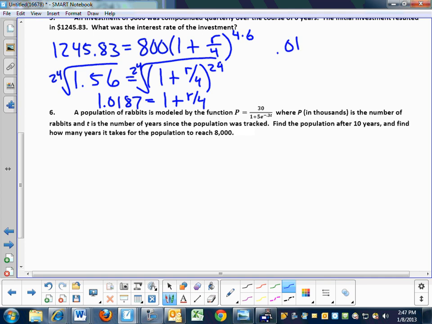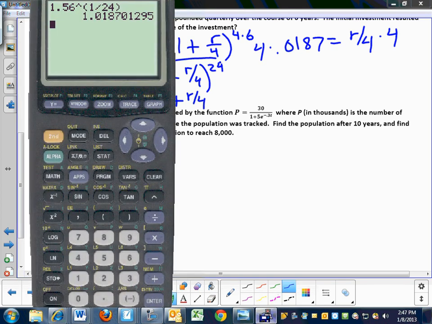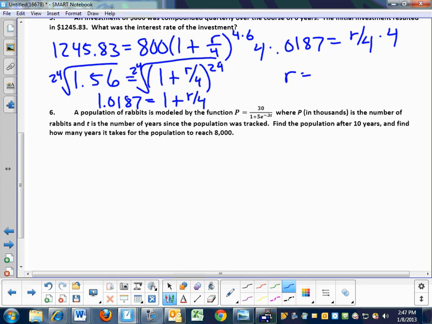Subtract the 1, I get 0.0187 equals r over 4. And we'll multiply both sides by 4. And I get 0.0748. What is that as a percent? 7.48%.